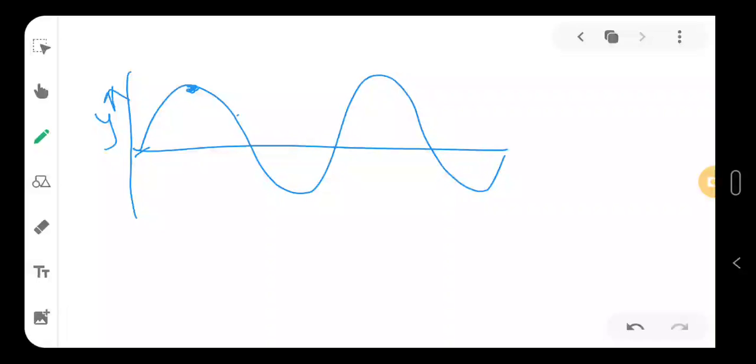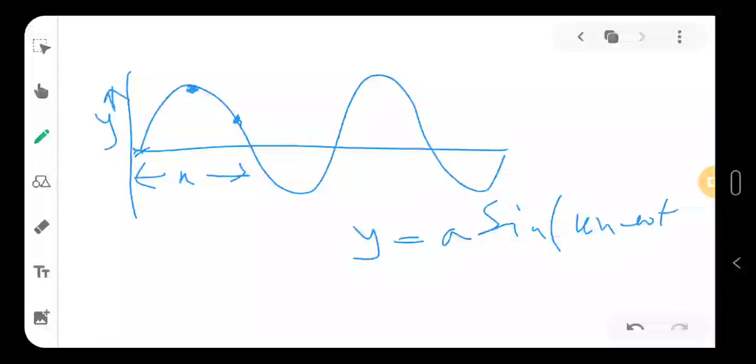So if I want to find out the displacement of this particle, which is at x distance from the origin, then I can find it using the formula y = a sin(kx − ωt) at some certain amount of time.